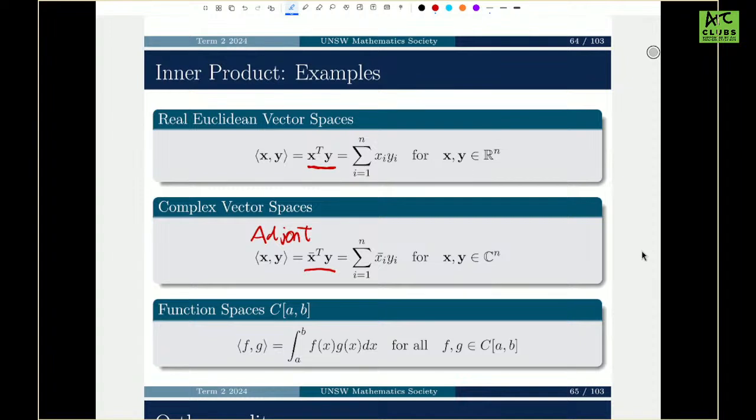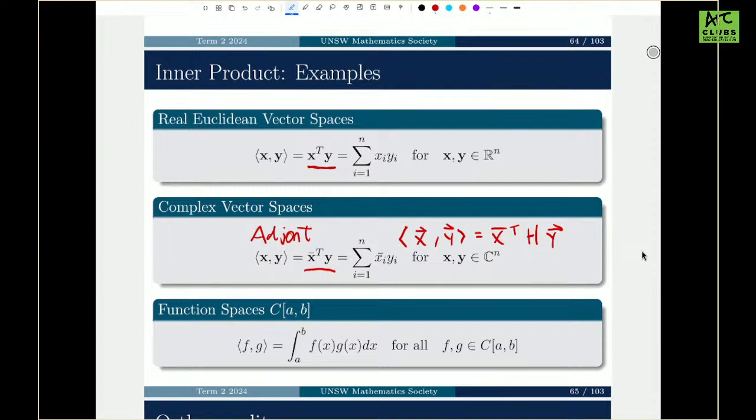There's also another form of this. We can even generalize the complex dot product further, and I'll show you what that looks like. It looks like this, and these are, of course, vectors, so I'll draw vectors over them.